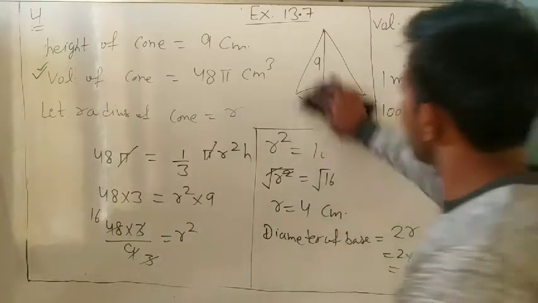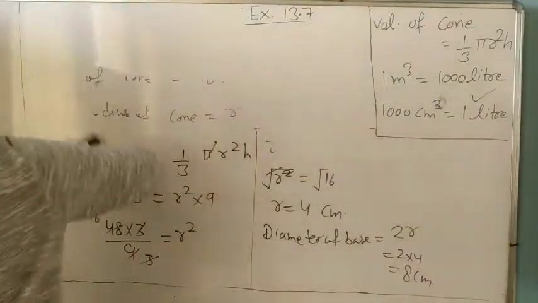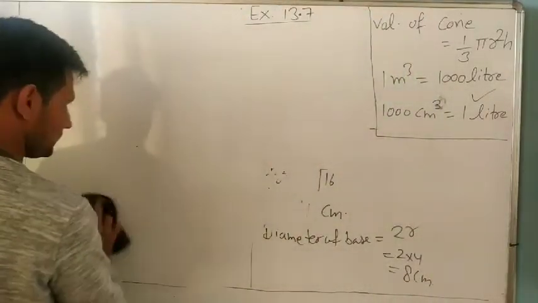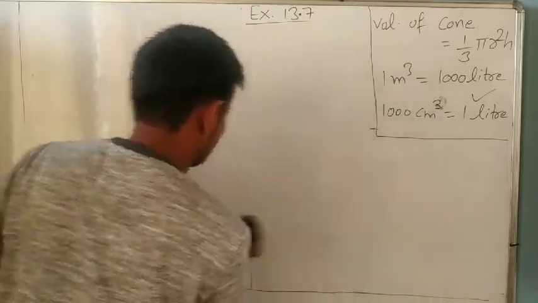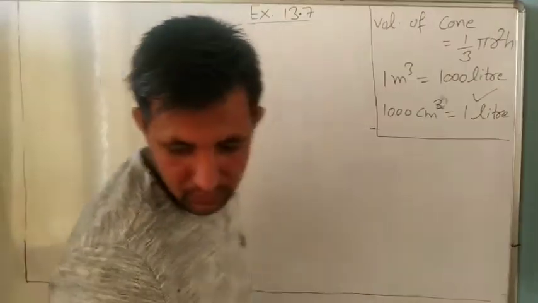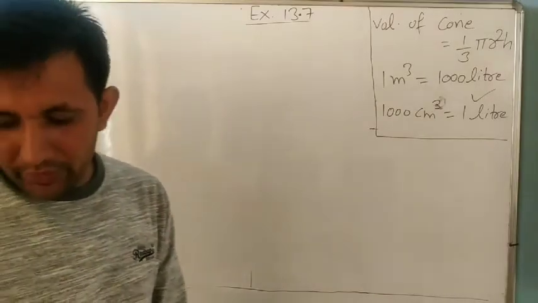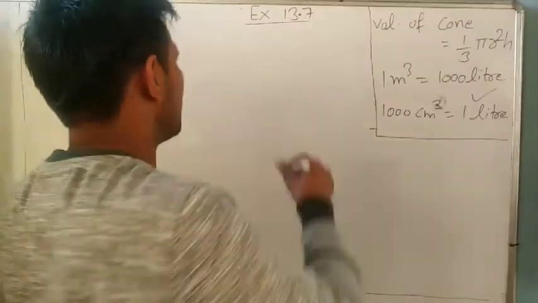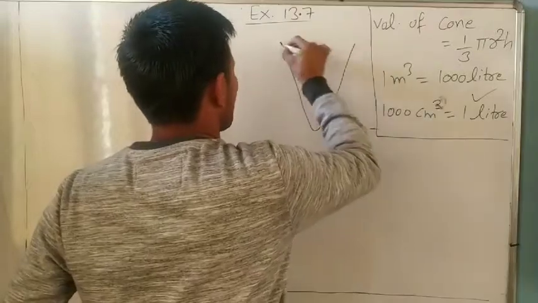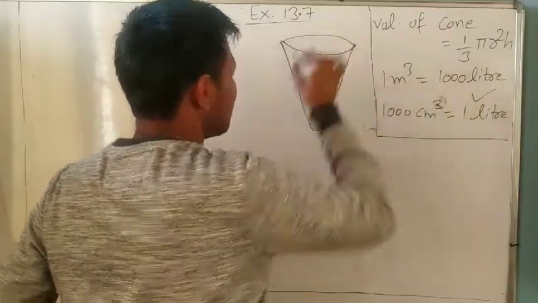Next question is question number 5. A conical pit. Pit means a dig. Like this one, it is a conical pit.